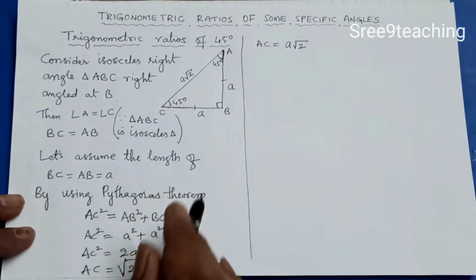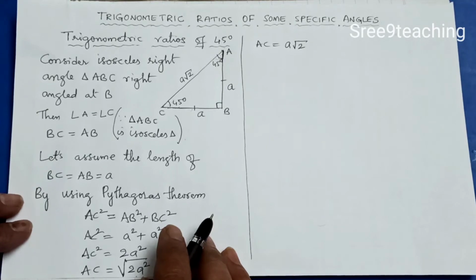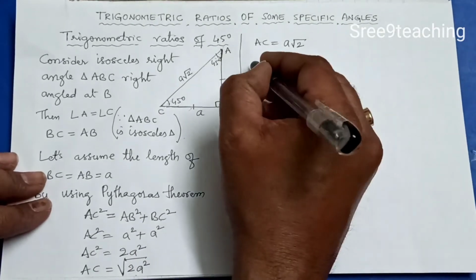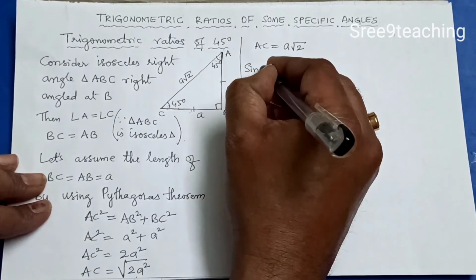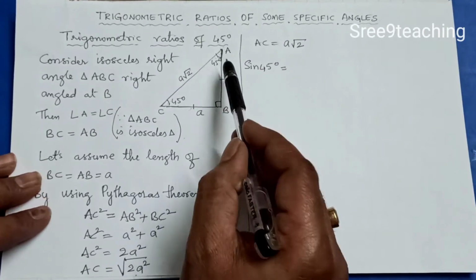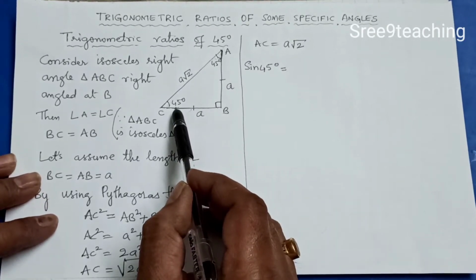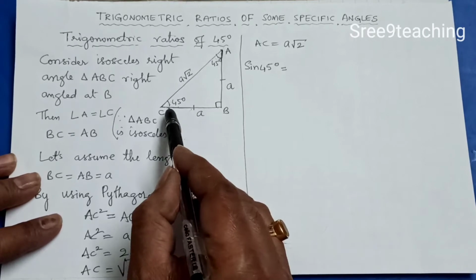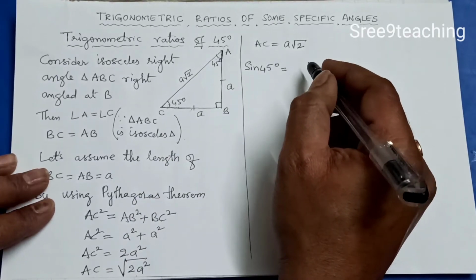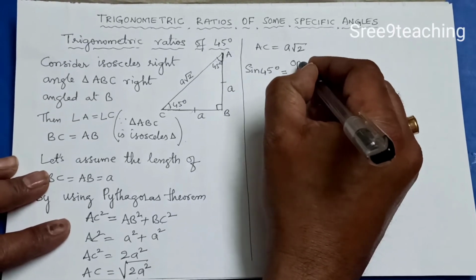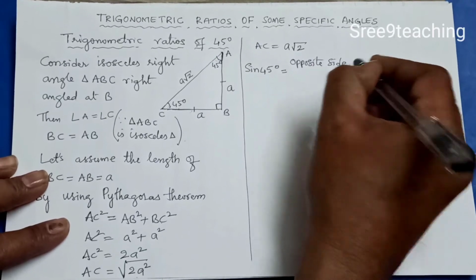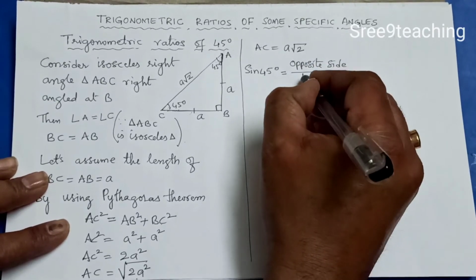We have all the three sides. Now let us find the trigonometric values of 45 degrees. Now I am writing here sine 45 degrees. Here 45 degrees means you can take this angle or this angle, it is no problem. Let us take sine C, that is sine 45 degrees. You know the ratio for sine is opposite side by hypotenuse, isn't it?